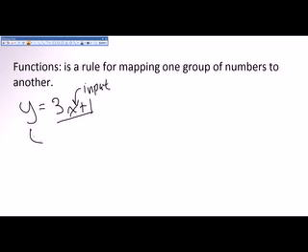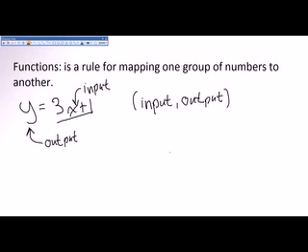Our y value is considered our output. And normally what we do is, for a function, we write them in an ordered pair, input, comma, output.